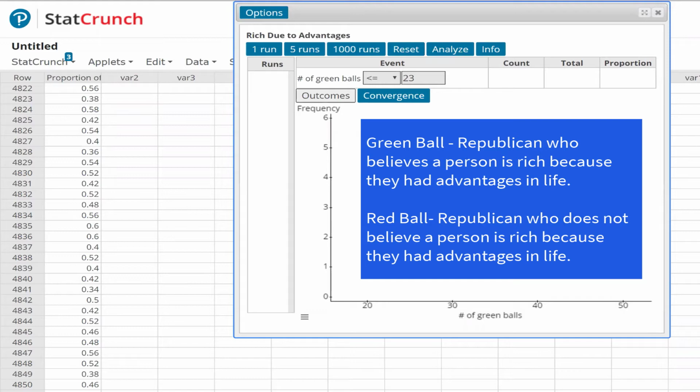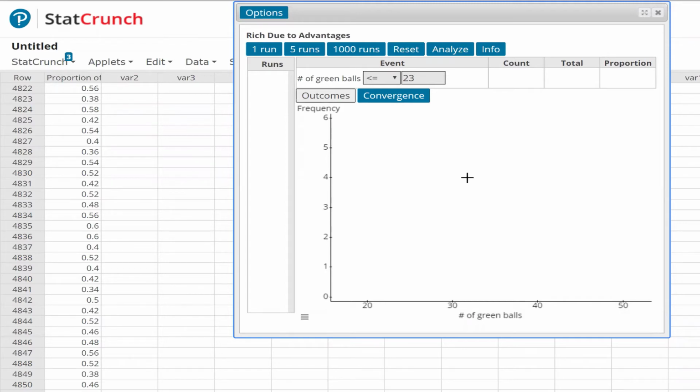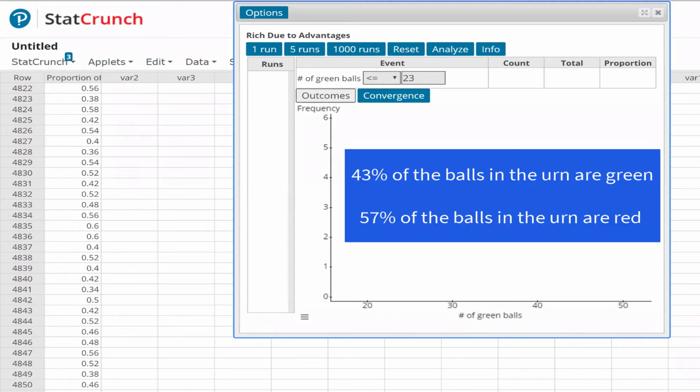Any ball that is red is a Republican who says, I don't believe that. The model was also built assuming 43% of Republicans believe people are rich because they had advantages in life, because that was the statement in the null hypothesis. In other words, 43% of my balls are green, 57% of my balls are red.